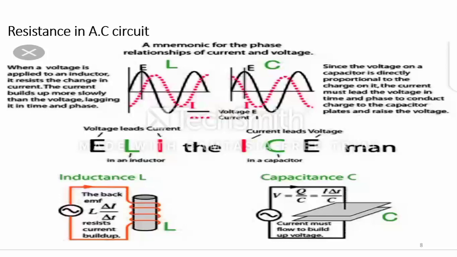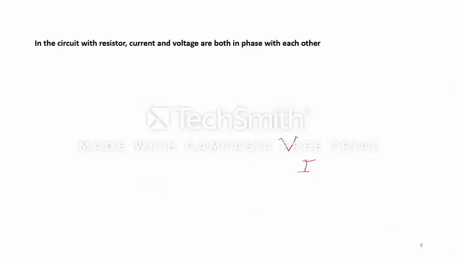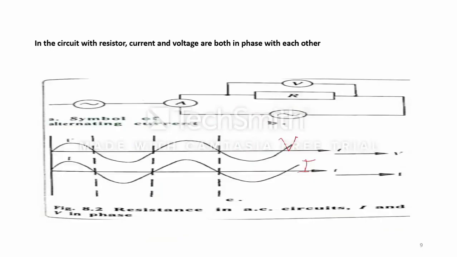But when a capacitor is connected across, you see that current leads voltage. But if you connect a resistor, as shown in this diagram, current and voltage will always travel in step. They will always be in phase with each other.